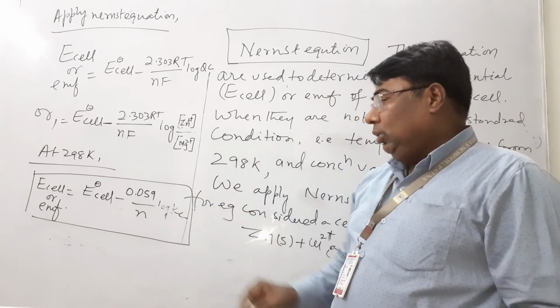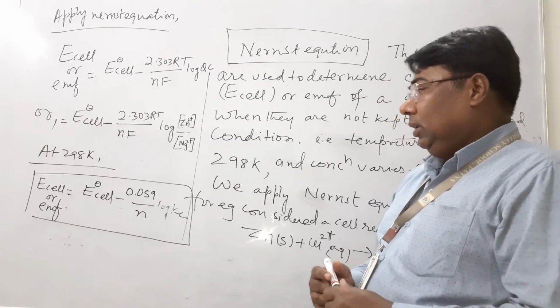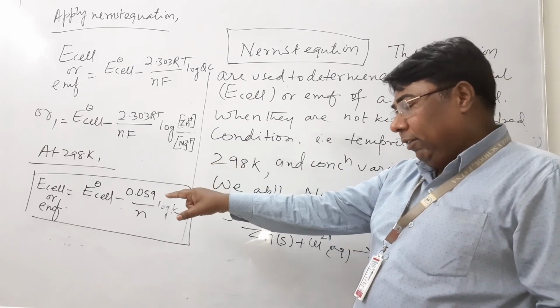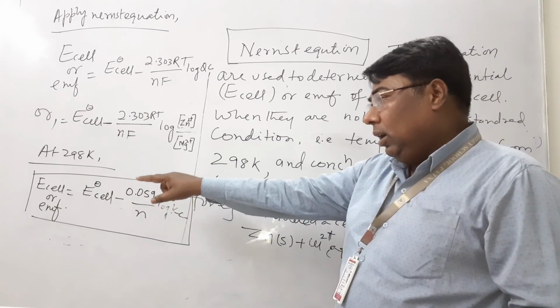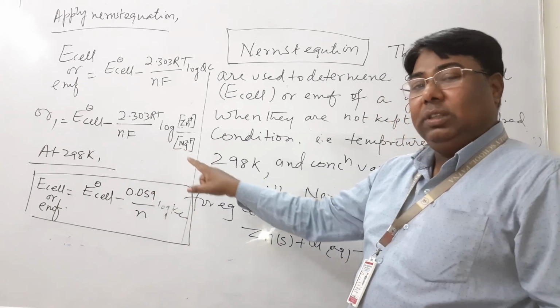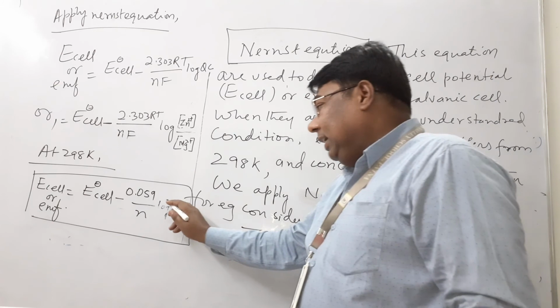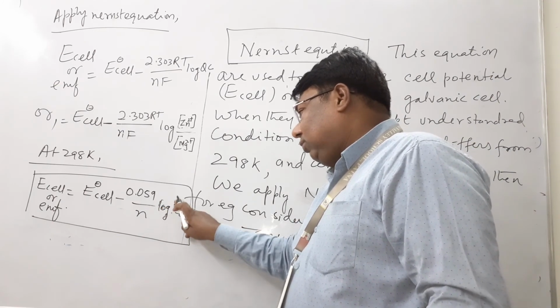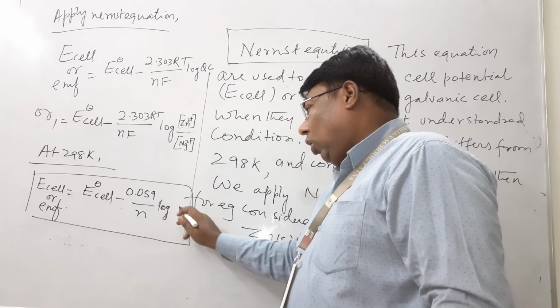So at 298 Kelvin, the E cell, that is the cell potential or EMF of a galvanic cell, is determined by using this formula. So please, all of you remember this formula for all time.